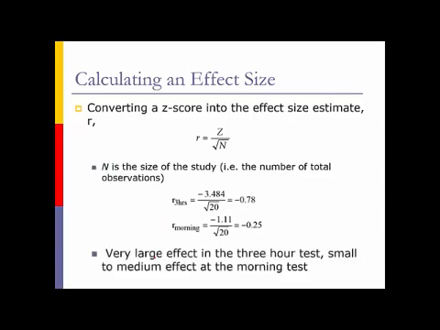It looks like we have a very large effect in the 3-hour test and a small to medium effect in the morning test, which means that the 3-hour test was not only statistically significant, it was also practically significant.